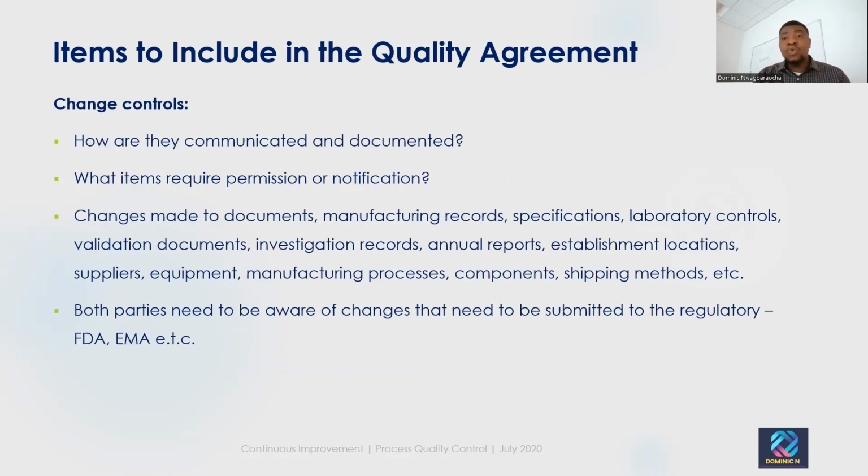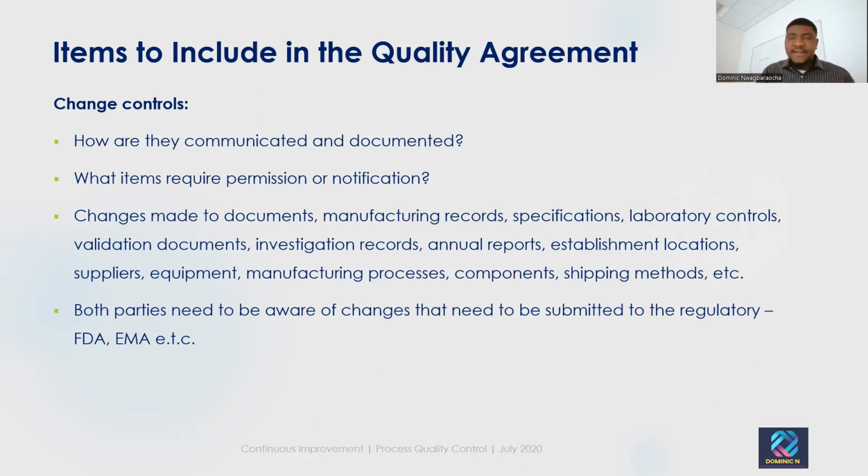So change controls. How should they be communicated? When should they be communicated? Who requires what? Should there be permissions to implement a change? If you are changing a piece of equipment in your manufacturing, when you're making liquid soap for me, and it's equipment that has contact with my products, I must be notified.